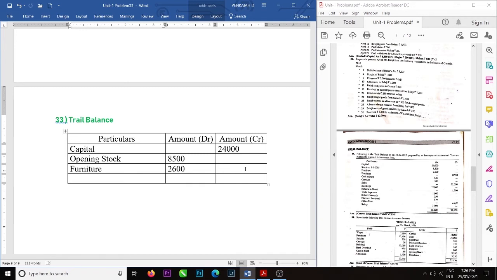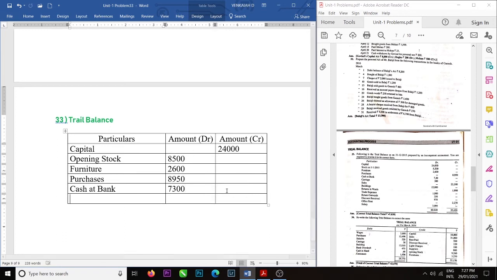Purchases are debit. Remember, purchases are always debit and the opposite, sales, are always credit. Cash at bank, the amount is 7,300.